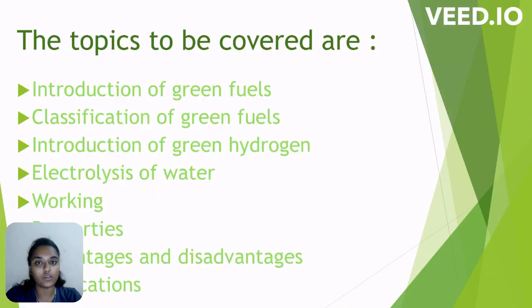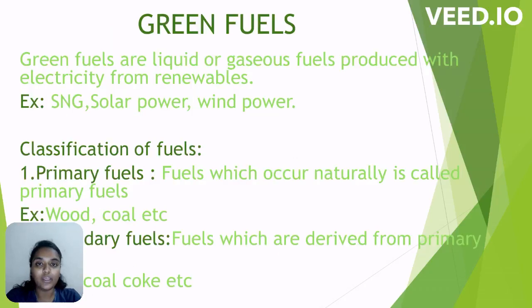The topics to be covered in this session are introduction to green fuels, classification of green fuels, introduction of green hydrogen, electrolysis of water, working of electrolysis of water, properties of green hydrogen, advantages and disadvantages of electrolysis of water, and the applications of electrolysis of water.